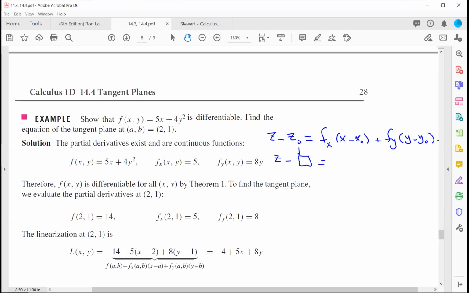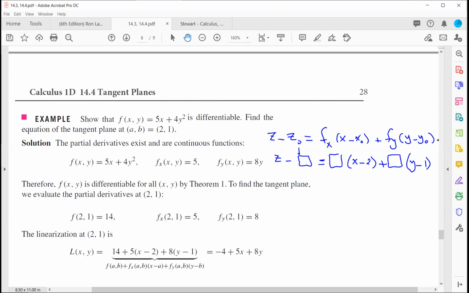Do we have f sub x? Nope. x is a variable, x sub 0 is 2, plus, what about the second partial derivative here? Nope, we don't have f sub y. y minus y sub 0 is 1. Okay, how do we find z sub 0?